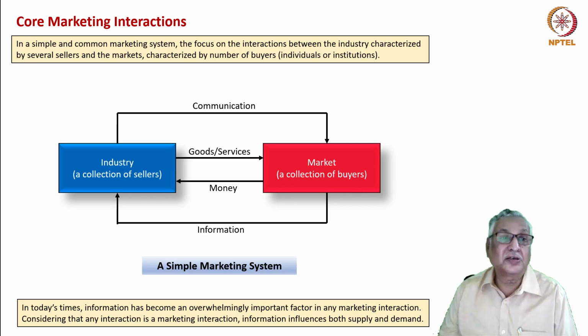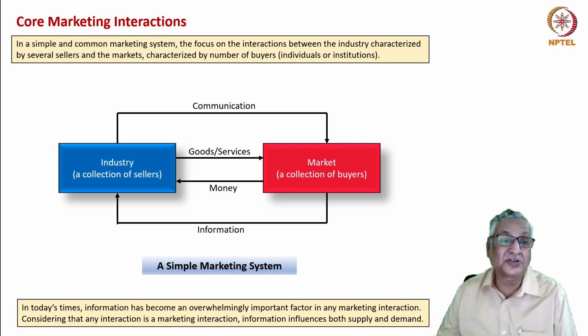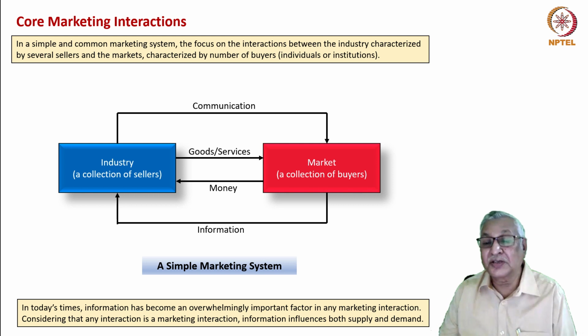The core marketing interactions are a simple set of interactions. These relate to the industry and the market. The industry is nothing but a collection of sellers, rather, a collection of producers and sellers, and the market is a collection of buyers, rather, a collection of consumers and buyers.